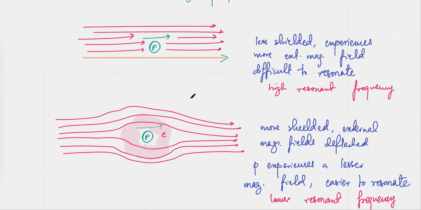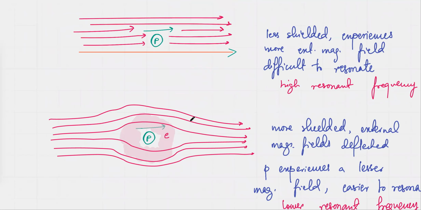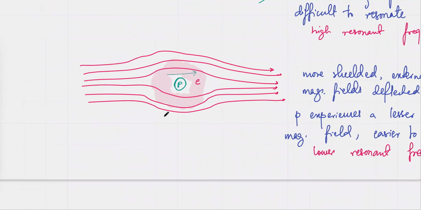And so a lot depends on the electron shielding. Now the electron shielding frequently changes because these atoms are not isolated. Most of these atoms are part of compounds, so the environment frequently changes. Sometimes the hydrogen proton is away from its nucleus.